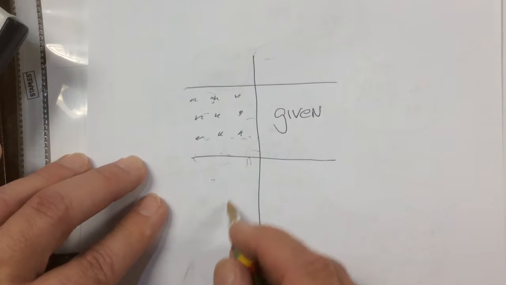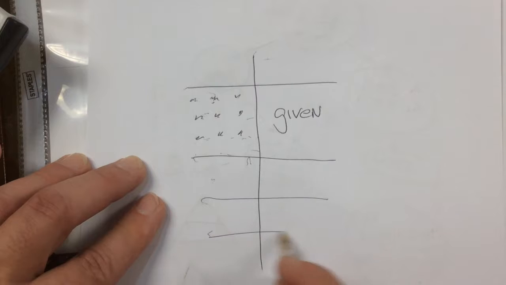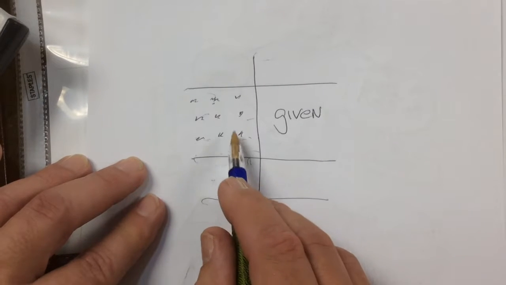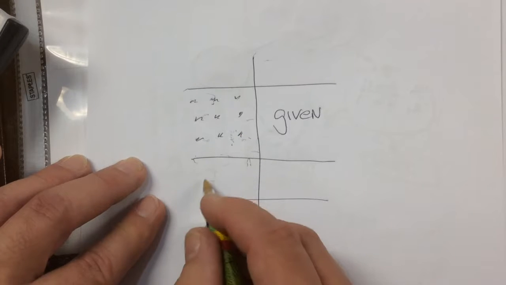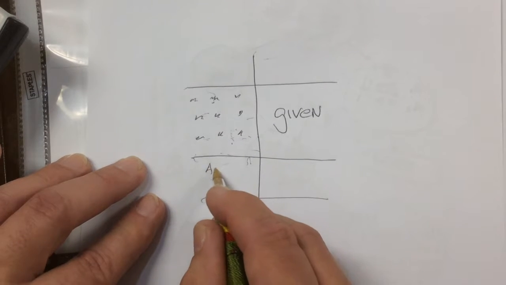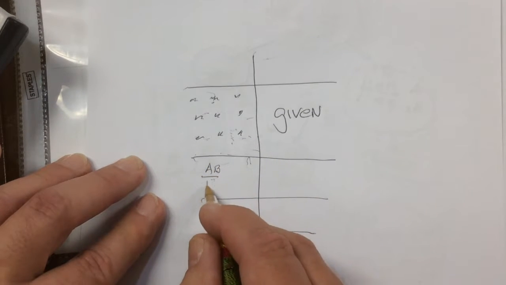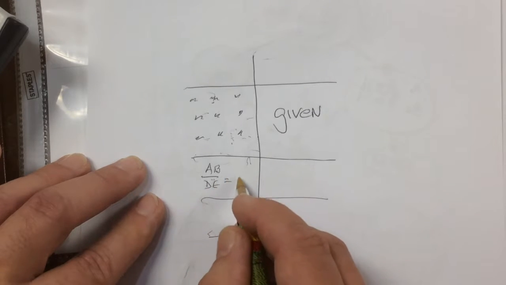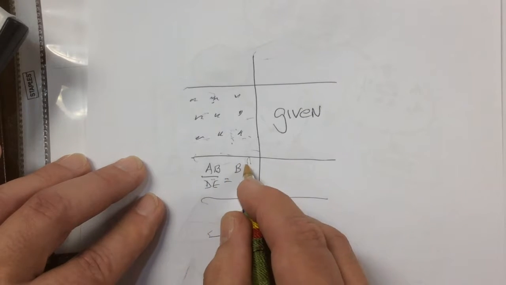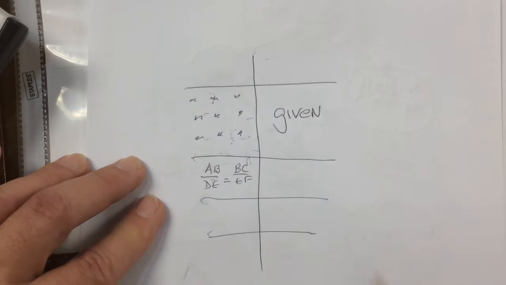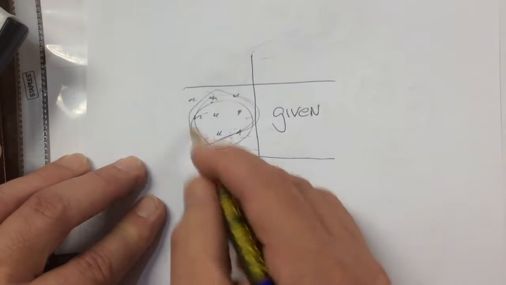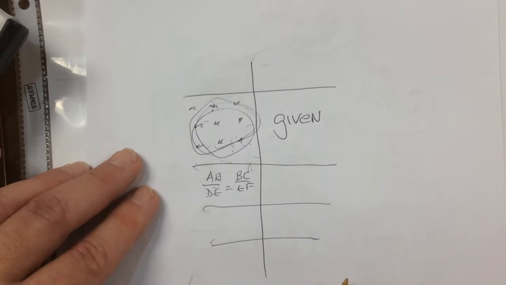Because as you go down this way, you want to make reference to that. If you want to say, I've got proportions, AB over DE is equal to BC over EF, well, you better tell me what those numbers are up here. Otherwise, what are you talking about?